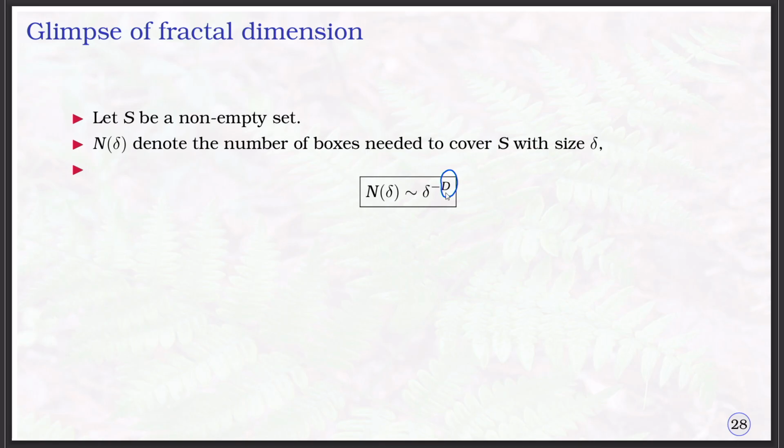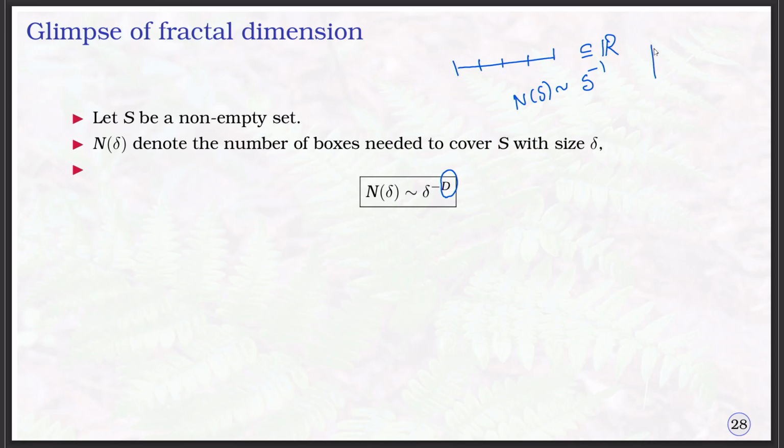For this, suppose I take a one-dimensional object, the line segment in the real numbers. Then, as we discussed previously, whenever the box sizes decrease, n of delta will increase. So, this is a one-dimensional object, therefore n of delta is proportional to delta power minus 1.